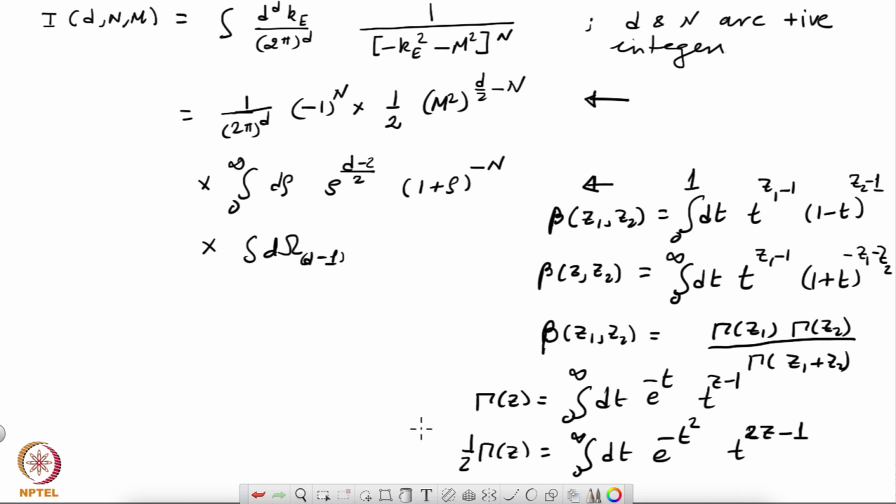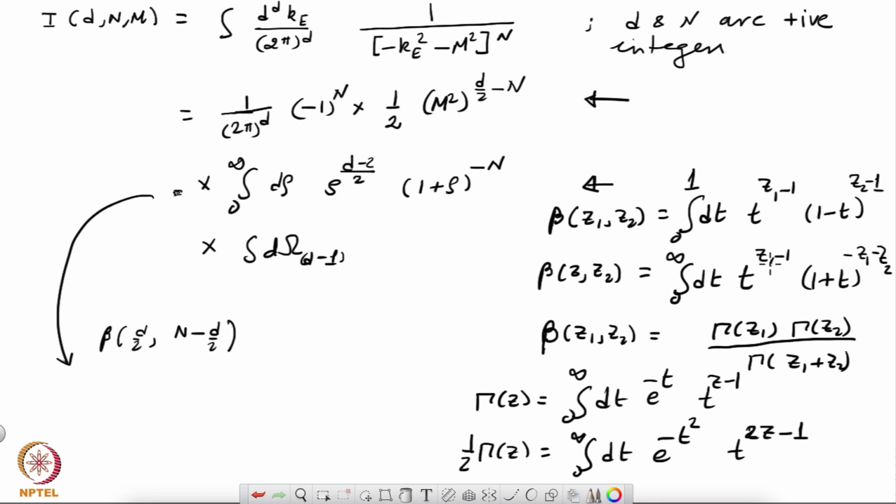So now you see that this line is just beta of d over 2, n minus d over 2. You can check it from here.